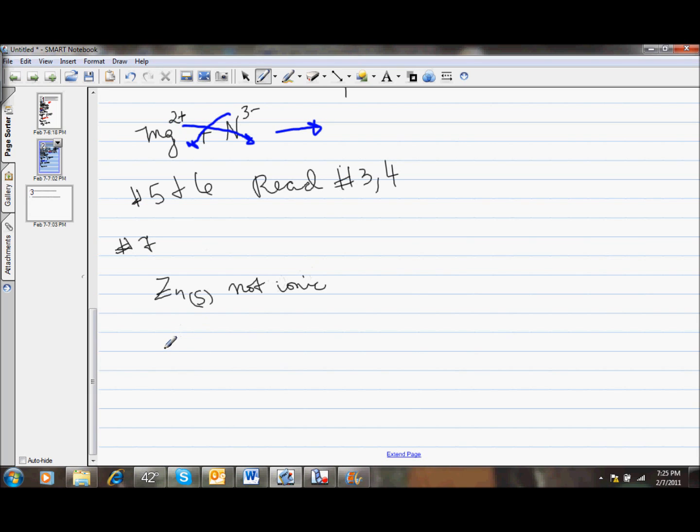The only thing on the reactant side that is in an aqueous solution and is an ionic compound is your silver nitrate. And your silver nitrate then can be broken down into its ions when you're getting ready to write your ionic equation. Same thing for the product side, and I'm going to let you do that on your own.